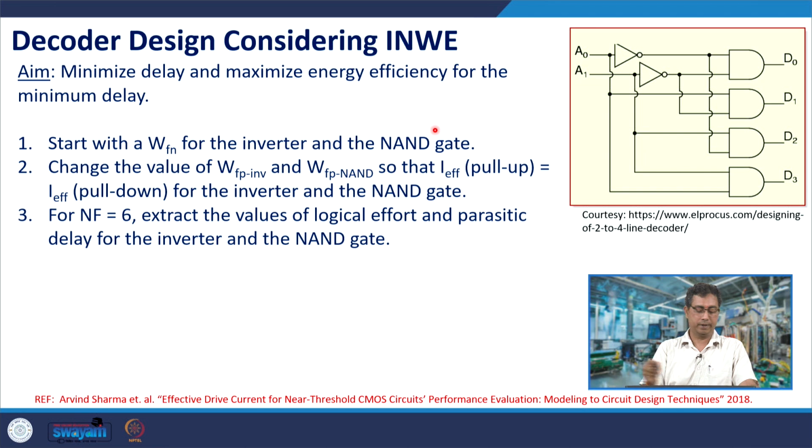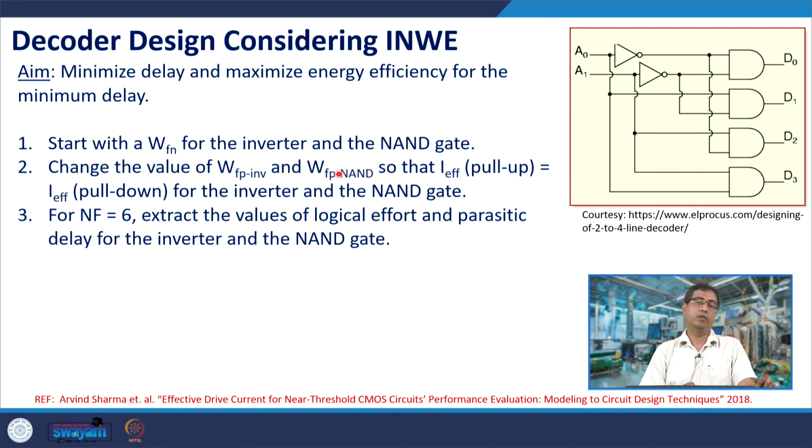We will then change the value of the width of the finger of the P MOSFET, so that pull up and pull down effective currents for the inverter match. That will match the output transition times for pull up and pull down, so you will get a balanced inverter.